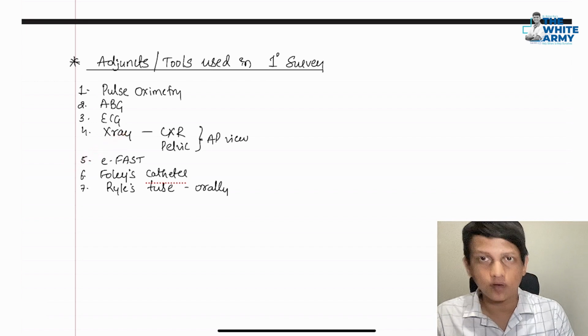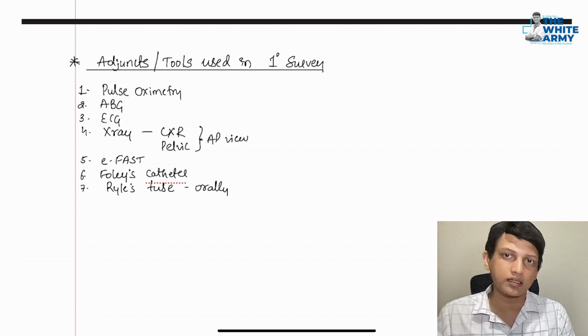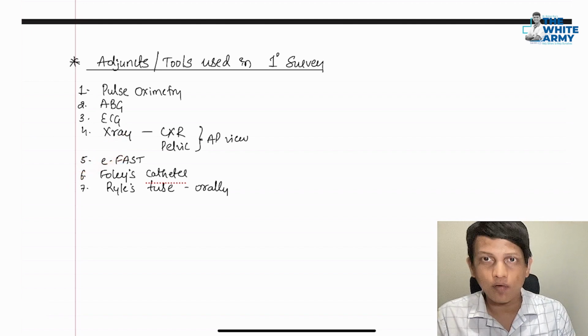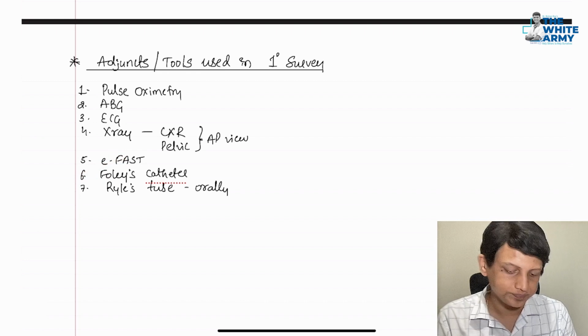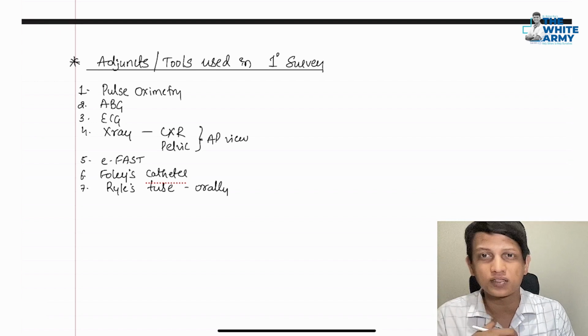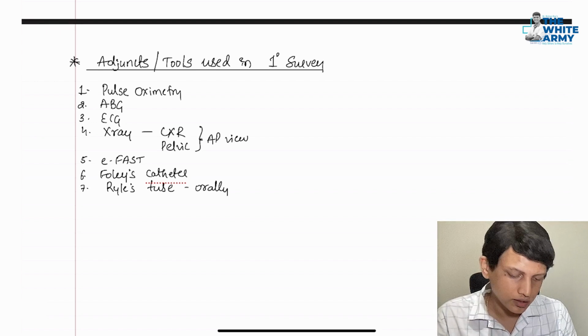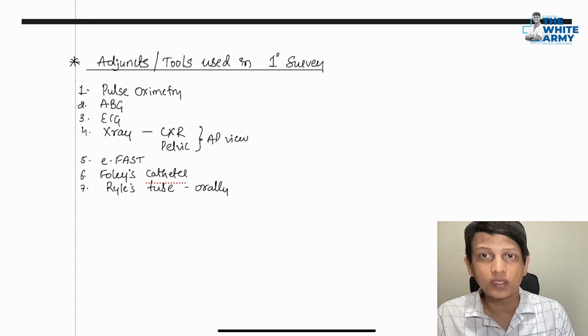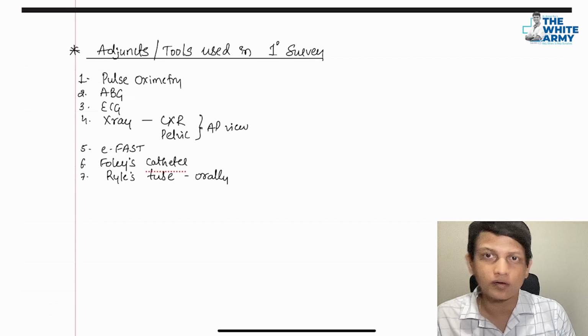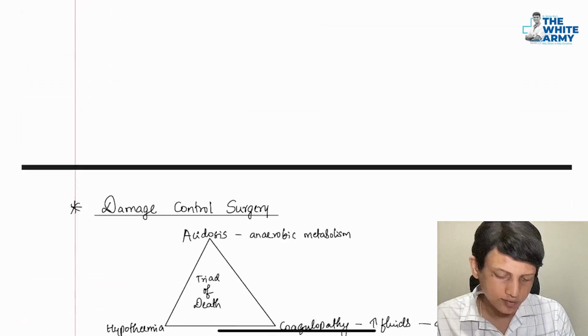EFAST we use for circulation: is there any bleeding in the abdomen? Foley's catheter we use to check the urine output, and Ryle's tube we have to put orally. If there is an injury, we'll come to know secretions, blood and all. These are the adjuncts, tools we use in primary survey. Please remember all those things because they ask 'all except' kind of questions from this.